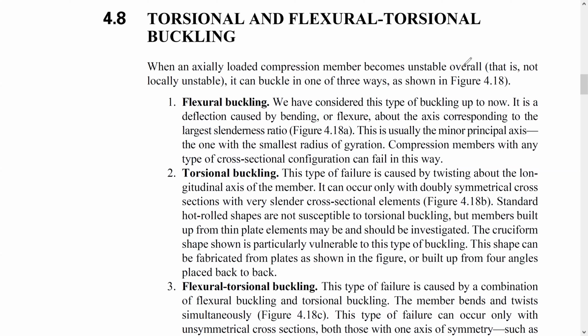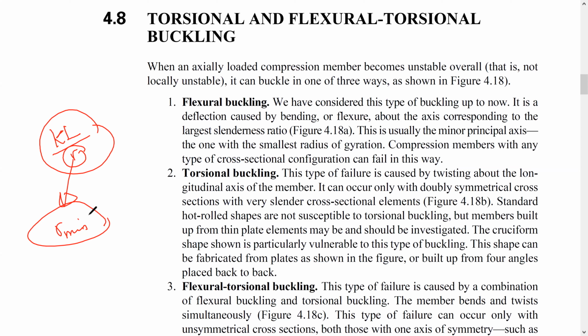Remember, we said if we have a column supported differently in both directions, we will take the largest slenderness ratio. When we say largest slenderness ratio, it means the minimum r, the smallest radius of gyration for the cross section, okay?